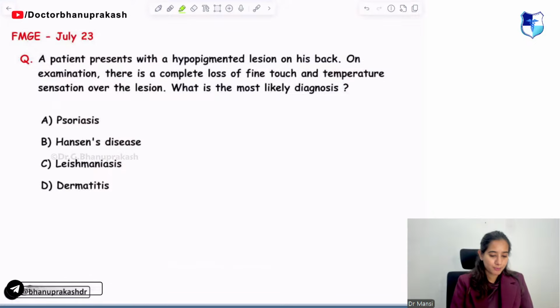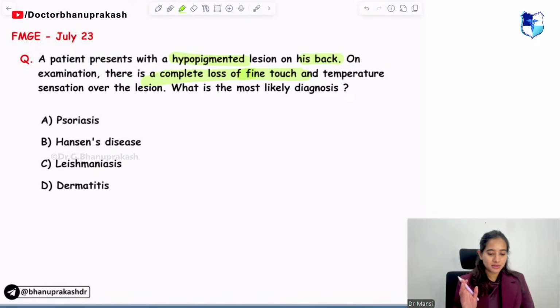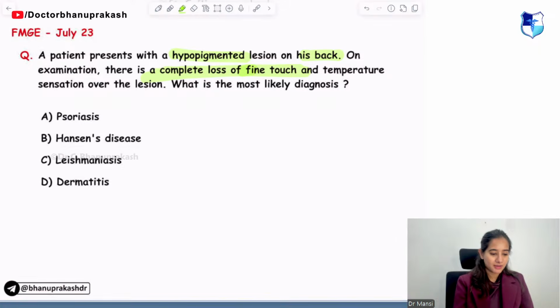Patient presents with a hypopigmented lesion on his back. On examination, there is a complete loss of fine touch. Again, the complete loss of fine touch is a giveaway for this question, because that's what we discussed. Hypopigmented lesions can be there in so many other conditions, but the loss of fine touch won't be there, and temperature sensation over the lesion.